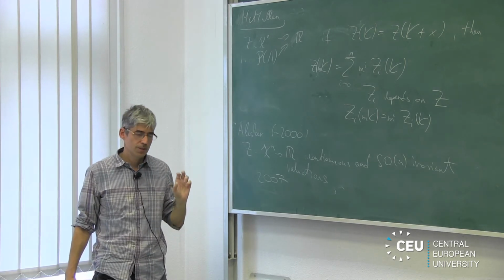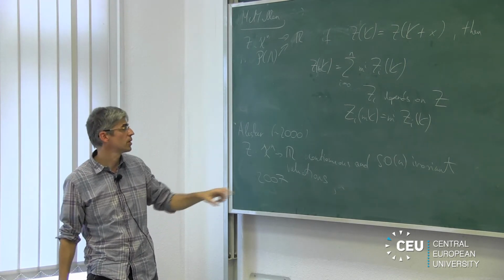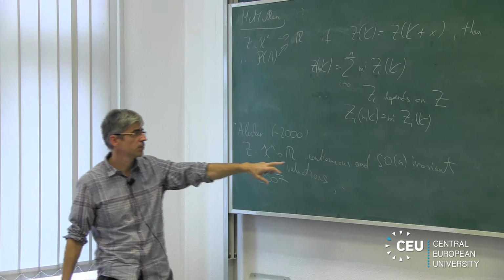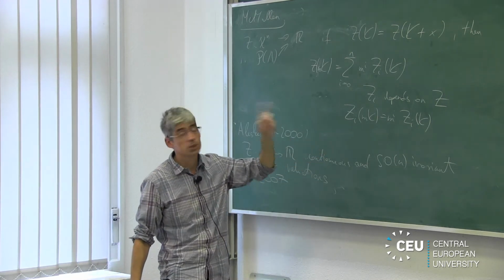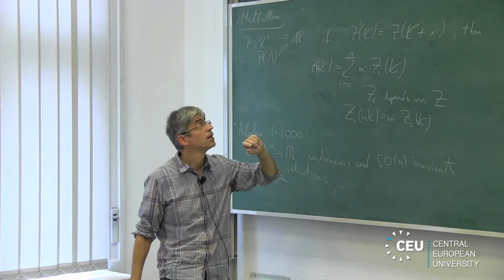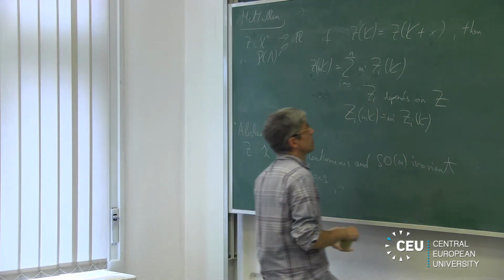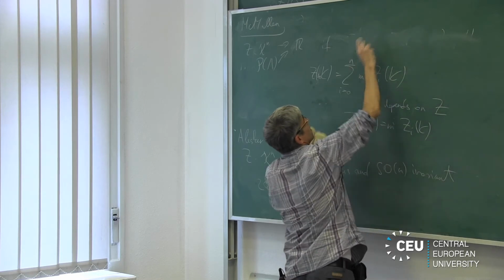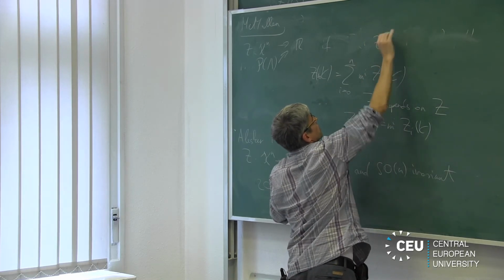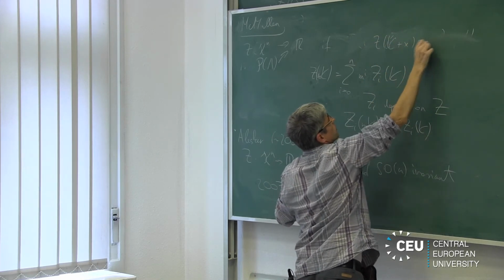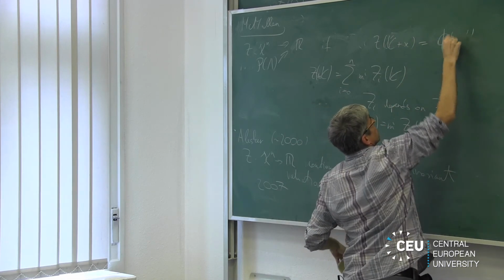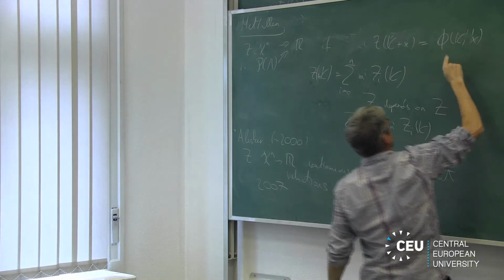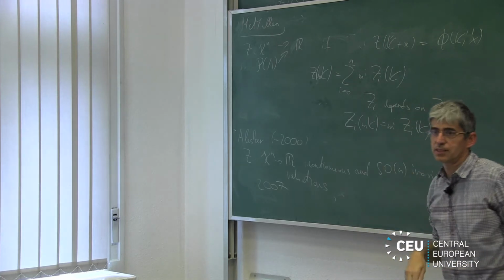The gap was that he assumed that any continuous SO(n) invariant valuation can be approximated by these polynomial ones, say of degree at most 10.